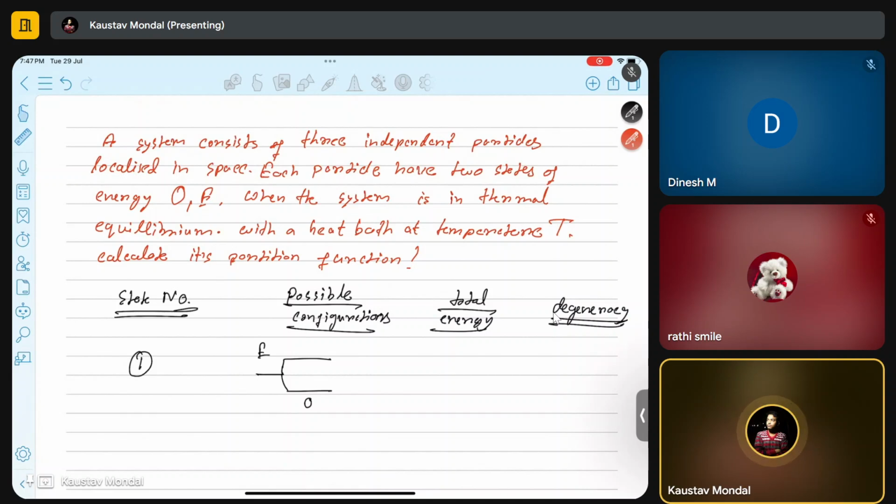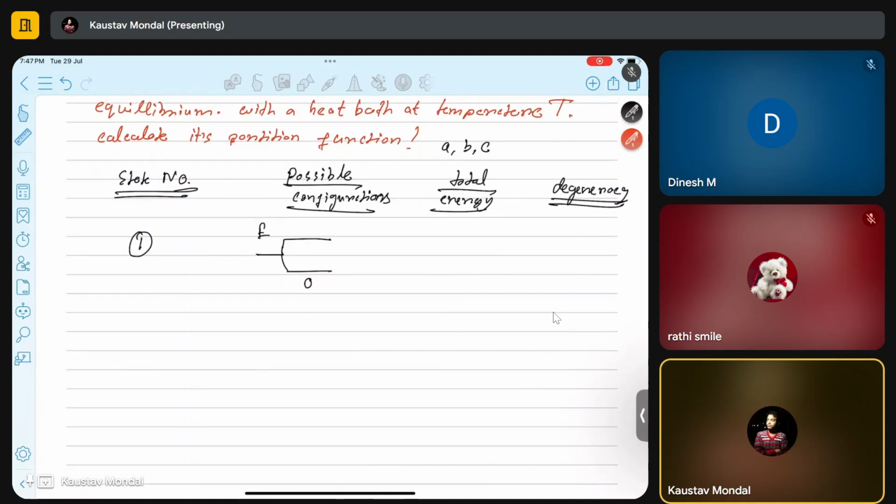So let's name the particles A, B, C. Consider case 1 where all particles are in the ground state. All of ABC have zero energy, so the total energy of the system is 0.